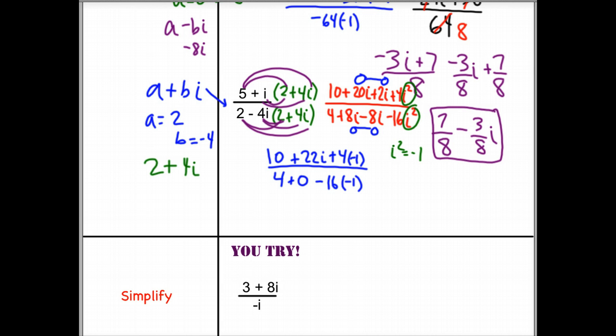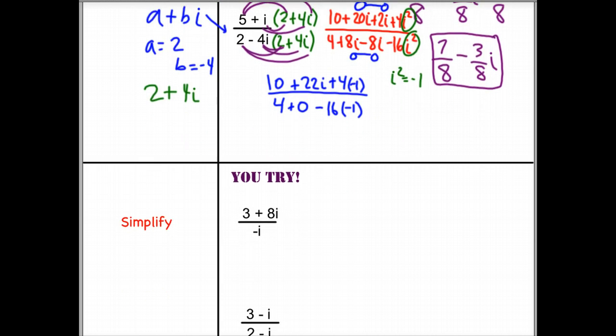So we can simplify it even more. So we have negative 4 plus 10 is 6, so we have 6 plus 22i over, we have 4 plus 16 is 20.